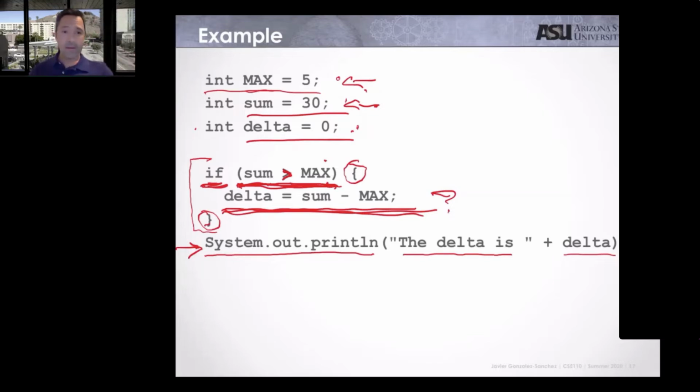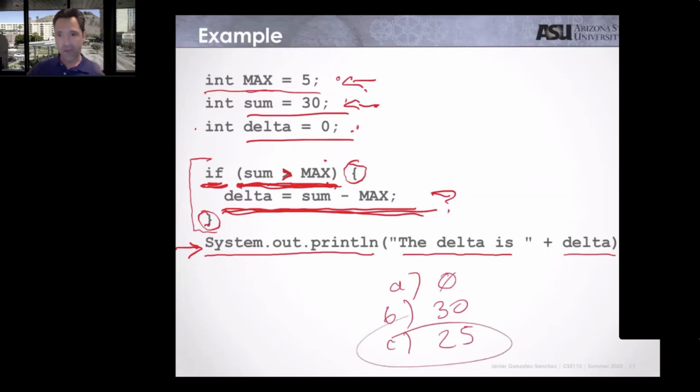Okay. Multiple choice. I could tell you 0, 30, 25. You give me the option. Hopefully everyone agrees with the C, the 25, and as you told me in the chat.